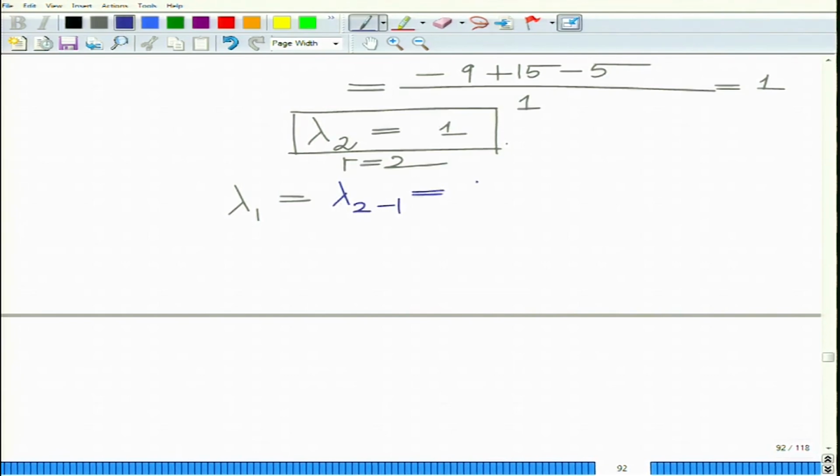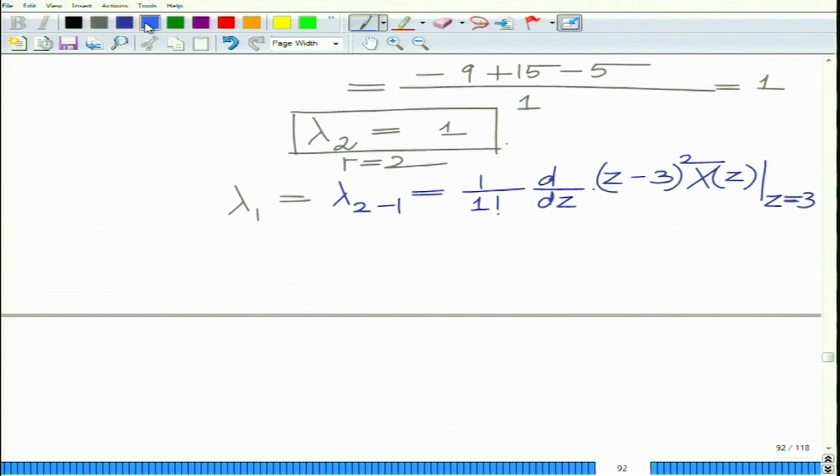So, 1 over 1 factorial times the kth derivative, k equals 1 in this case, so simply d by dz of z minus 3 whole square times X(z) over z, evaluated at z equals 3.